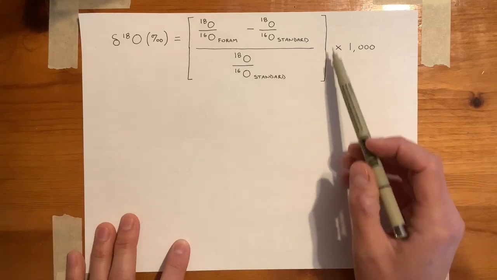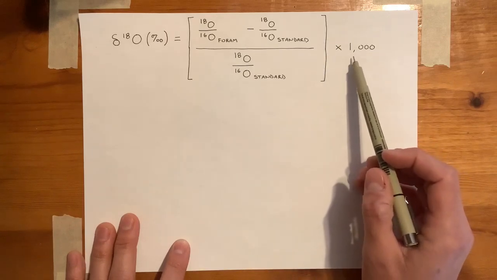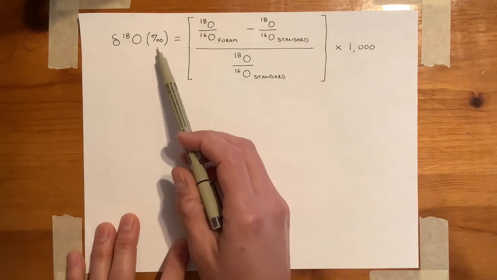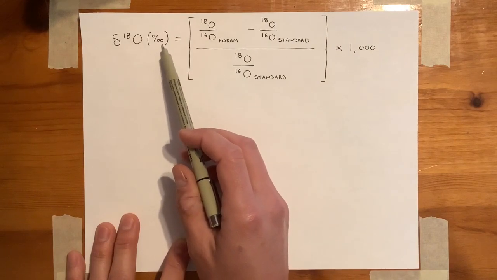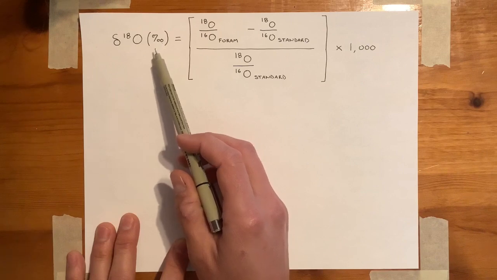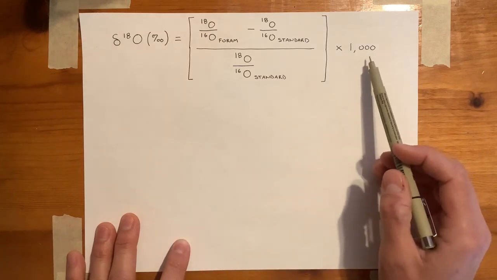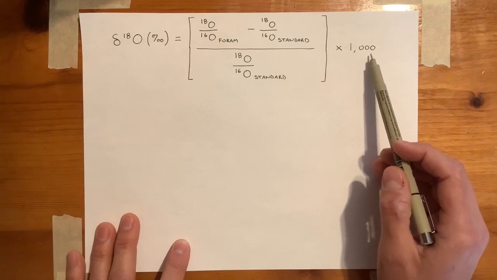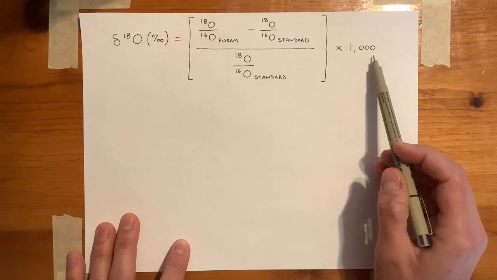Finally, you multiply that whole value by 1,000. So that's sort of the reason for this goofy percent symbol here, right? It's a percent symbol with an extra zero added on, because instead of doing times 100 like you would do to calculate the percent, like for a score on an exam or something, we're using 1,000.